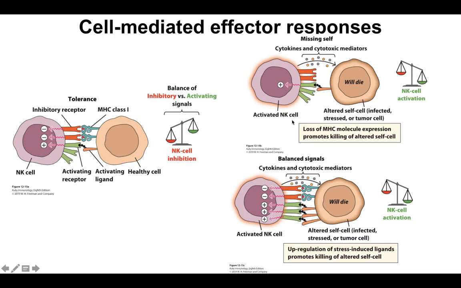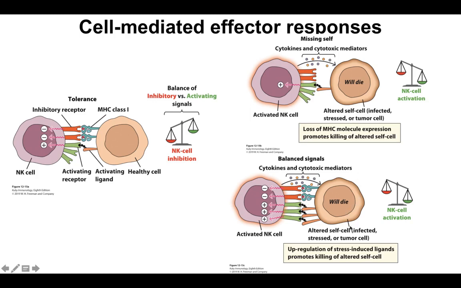On the right here we have two examples of where a natural killer cell will be activated to kill a host cell. If the host cell is infected, sometimes there's a loss of the MHC molecules on the surface of that cell. Because the MHC molecules aren't there, they're not able to provide a negative signal to this natural killer cell. This natural killer cell will only see an activating signal, and it will ultimately kill this host cell by the release of perforin and granzyme.